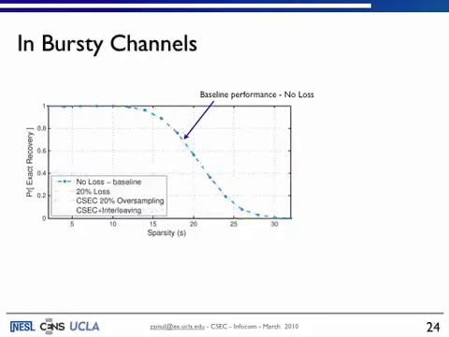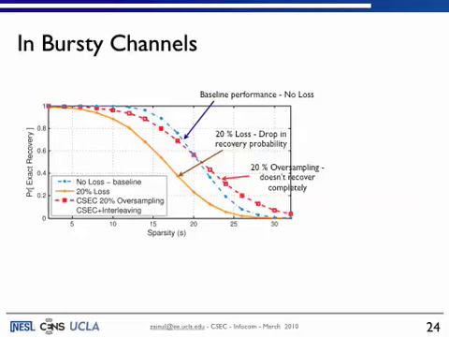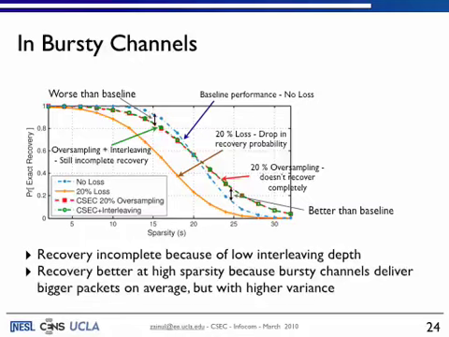An interesting case happens in bursty channels where, I'm just going to go quickly through this, you don't get perfect recovery. And that's because you need to apply some sort of interleaving before you do the transmissions.